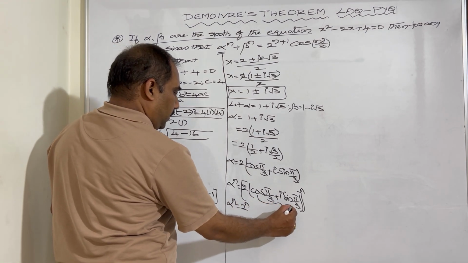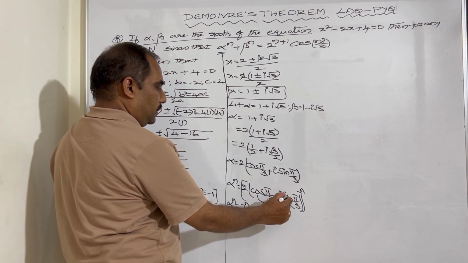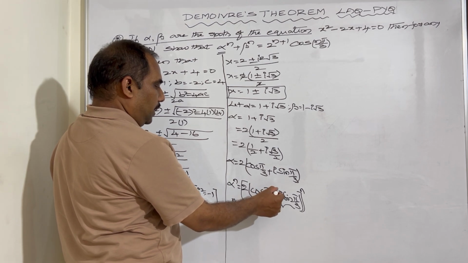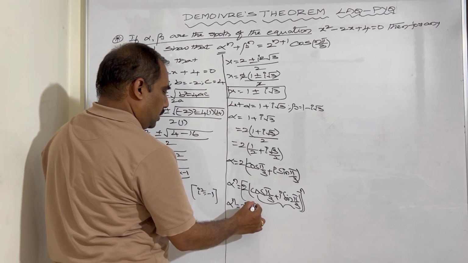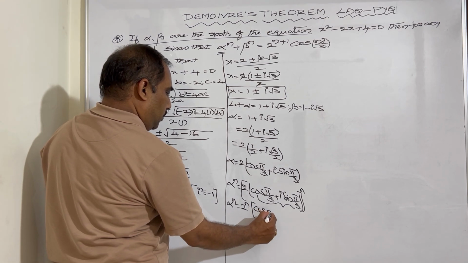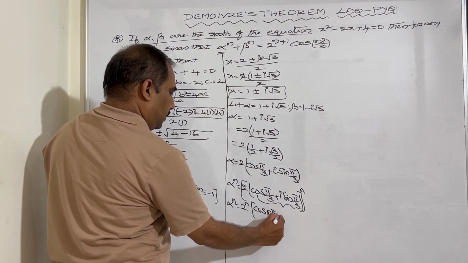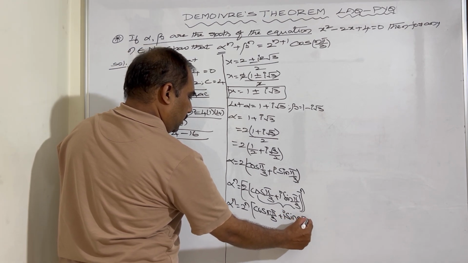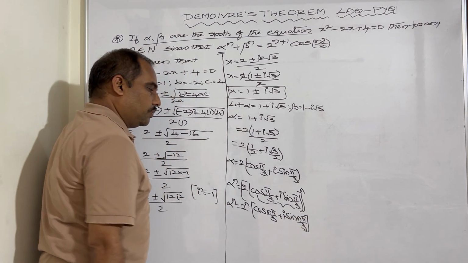For this, cos theta plus i sin theta whole to the power of n, we know that it is cos n theta plus i sin n theta. So as per that, this is also cos n pi by 3 plus i sin n pi by 3.